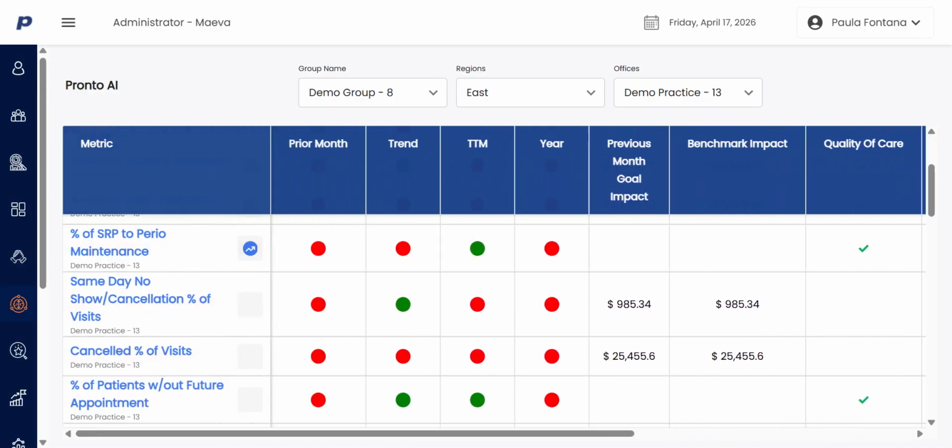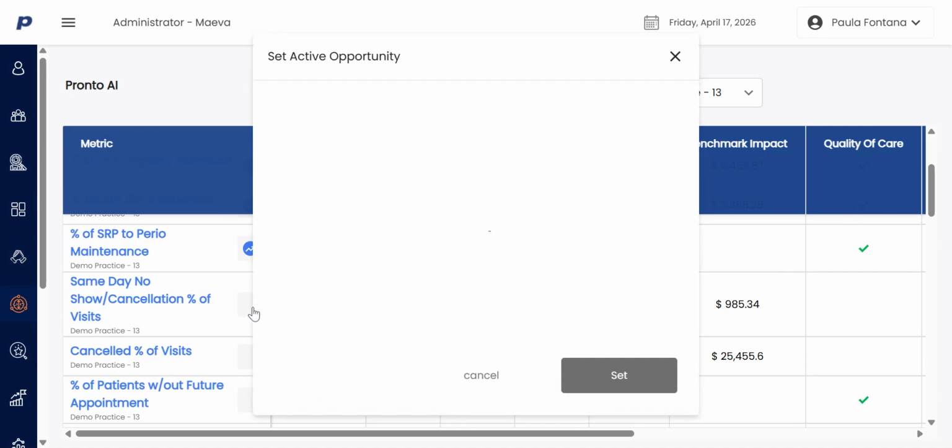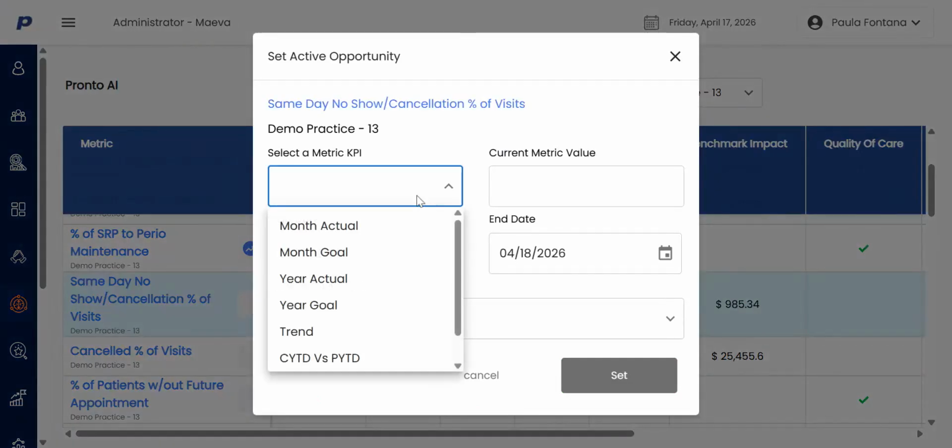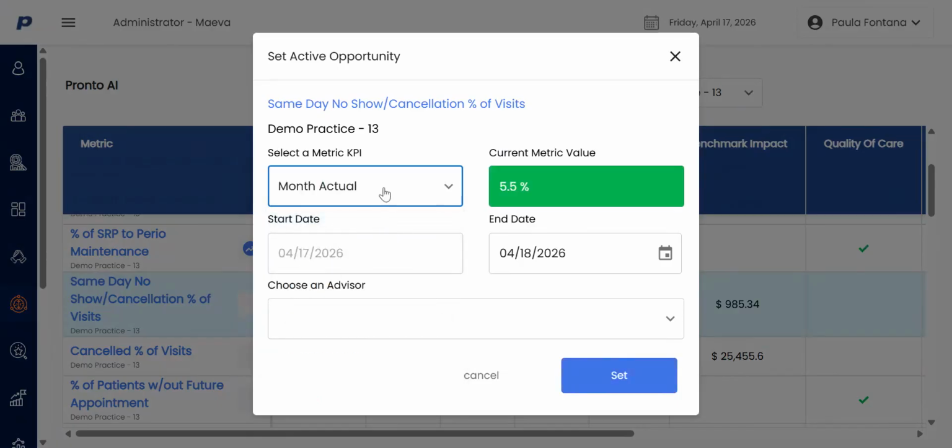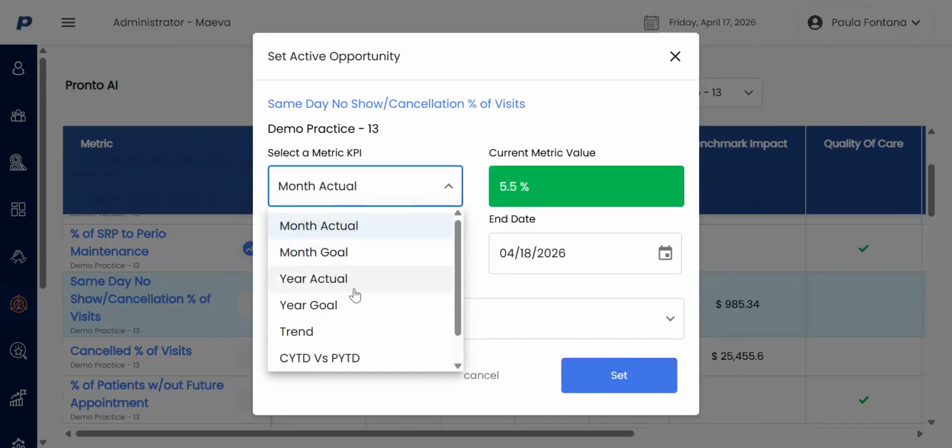So all of that being taken into consideration, we'll work with you to identify the right opportunities to focus on for the quarter. And we will set those opportunities by simply clicking into this gray box, and we'll determine how we want to track a particular performance metric. We could track it by month actual, month goal, year actual, year goal, trend, current year to date versus prior year to date, all of the time periods that we are always looking at.